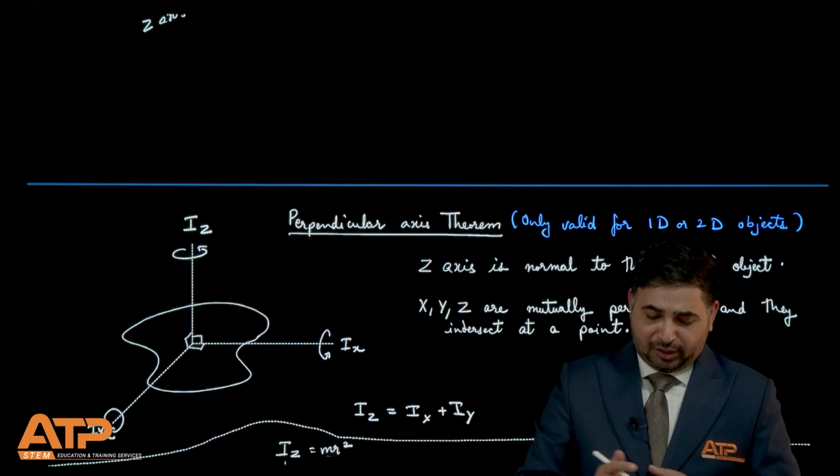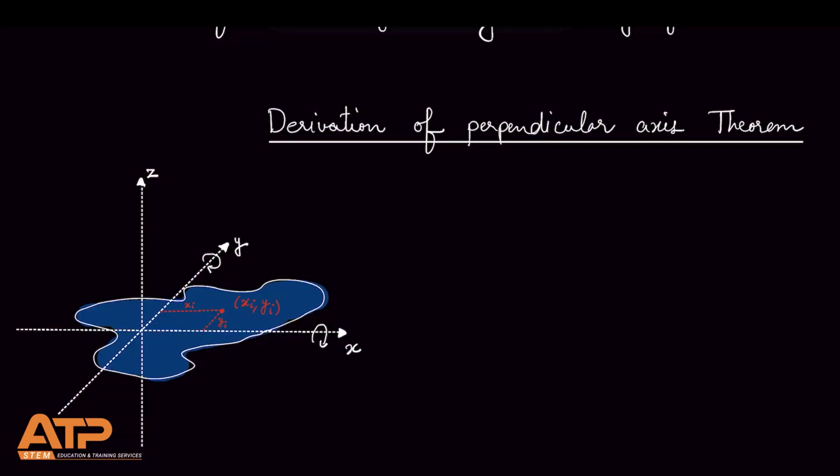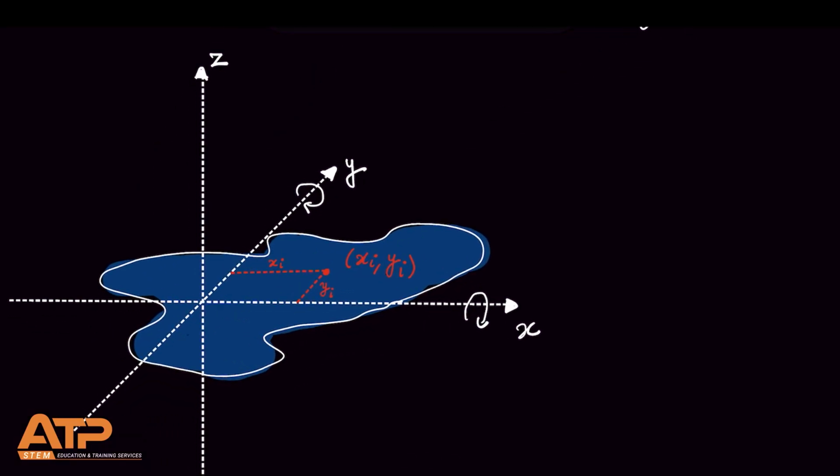Now let's look at the proof of perpendicular axis theorem. Proof is very simple here. As I said, perpendicular axis theorem can only be used for a 2D object. So here, if this is my 2D object, I'm assuming this is the z-axis, this is my x-axis, and this is my y-axis, and this 2D object is in xy plane only.